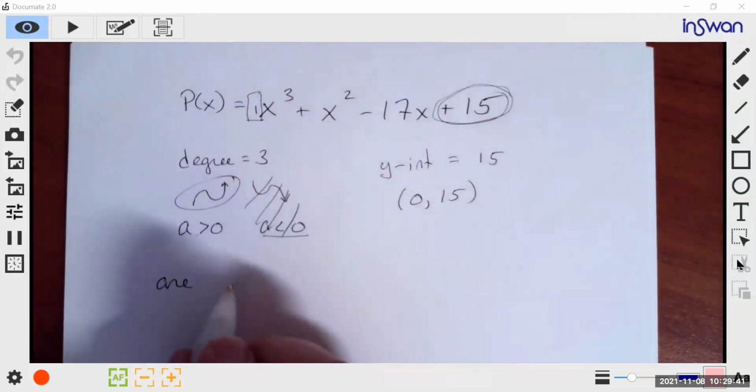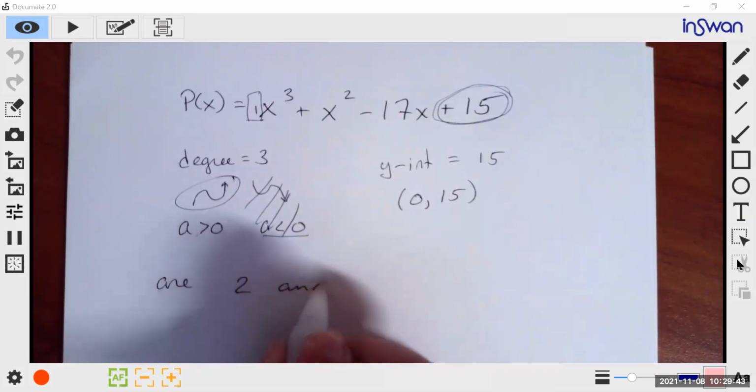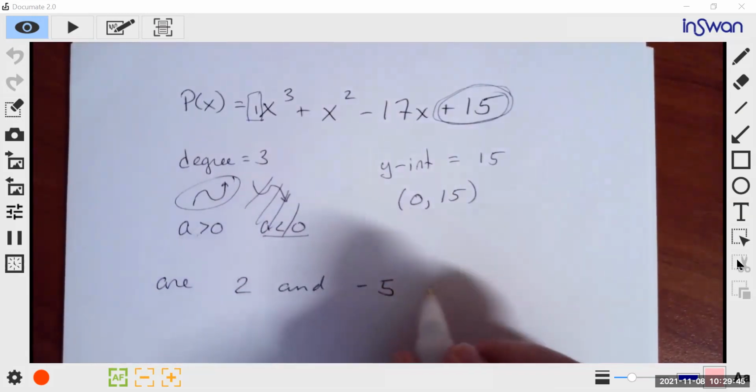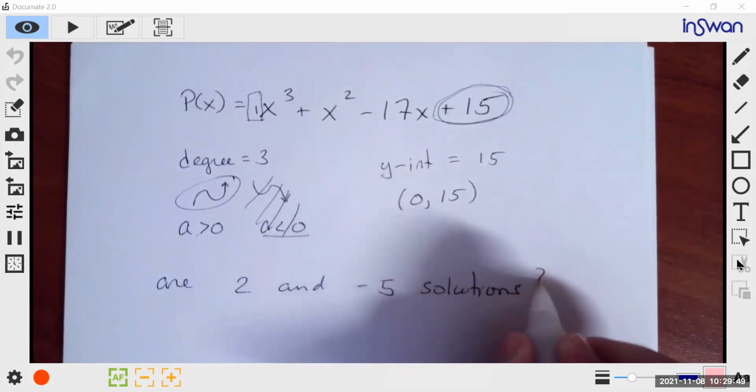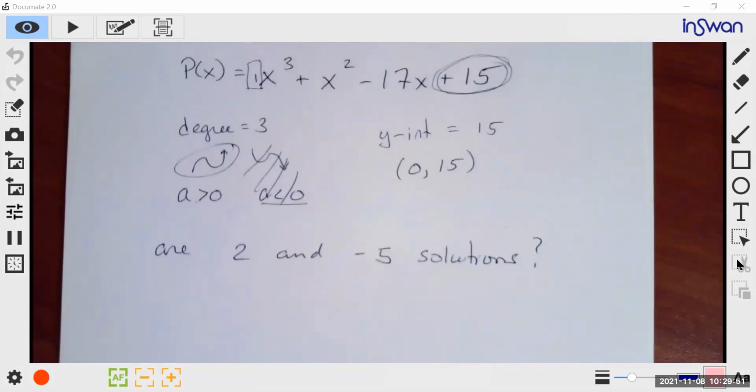Are 2 and -5 solutions? How would you figure that out?